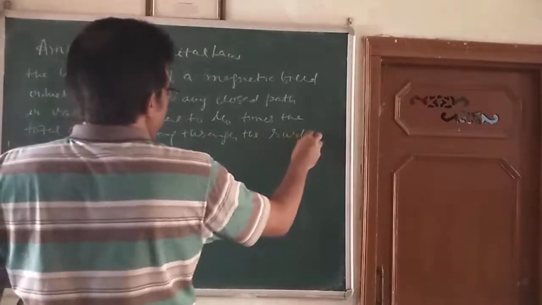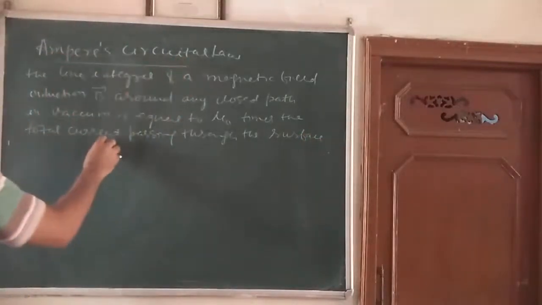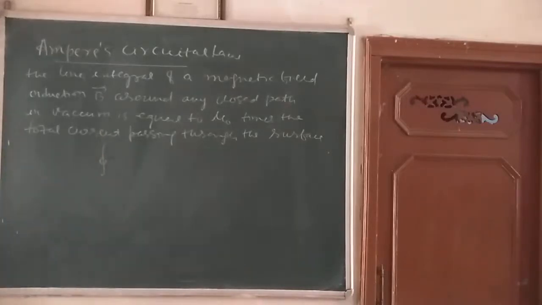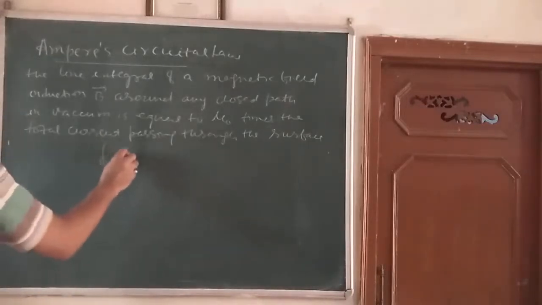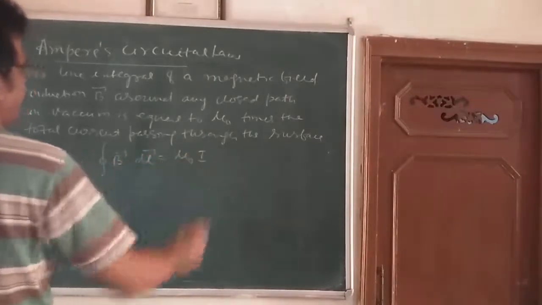So dear children, it's a theoretical law. For a closed path, that's why there is a circle here, the integral of B dot dl is equal to mu naught I, where I is the net current.